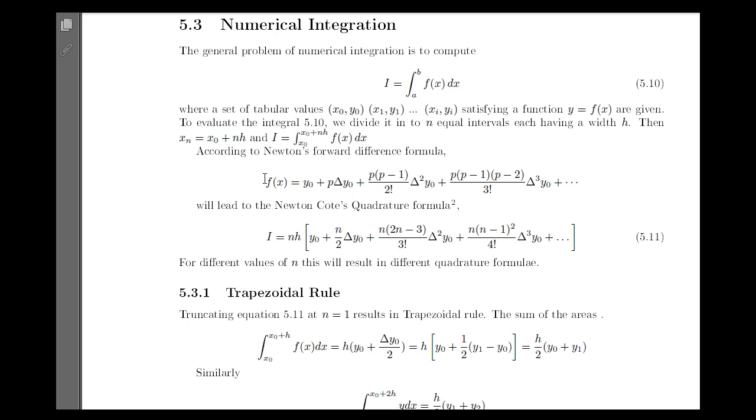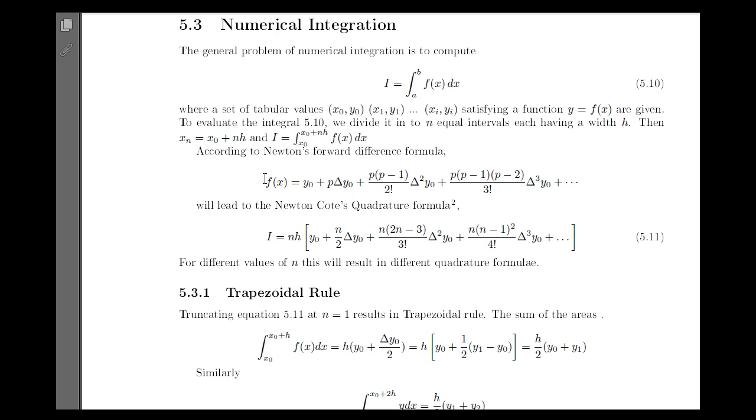Here you can see the function which is called Newton's forward differential formula, which means if you have a data set, then you can approximate the data set by a function given by f(x) = y0 + p Δy0 + p(p-1)/2! Δ²y0 + etc. It is just like a GP, where after every term you will have terms of p(p-1), p(p-1)(p-2) as it goes on increasing, and the factorial in the denominator is also increasing.